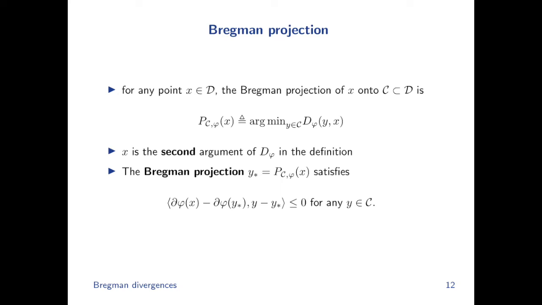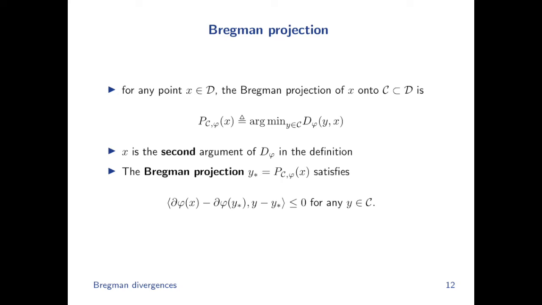Now, it is very important, because Bregman distances are not symmetric, to remember which argument you are going to put the projected point in and which argument you're going to put the original point in. Because the projection is defined as an optimization problem, and you always want to solve convex optimization problems, the decision variable in this optimization problem, in other words, the point you're looking for in the convex set, is not the point that's being projected.